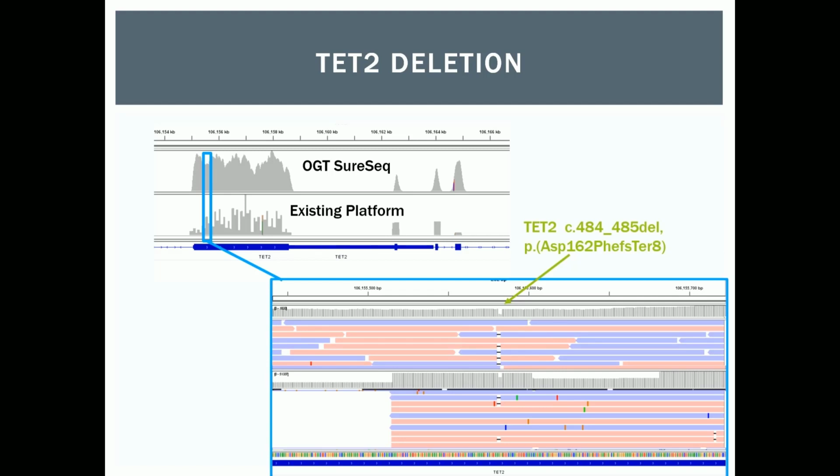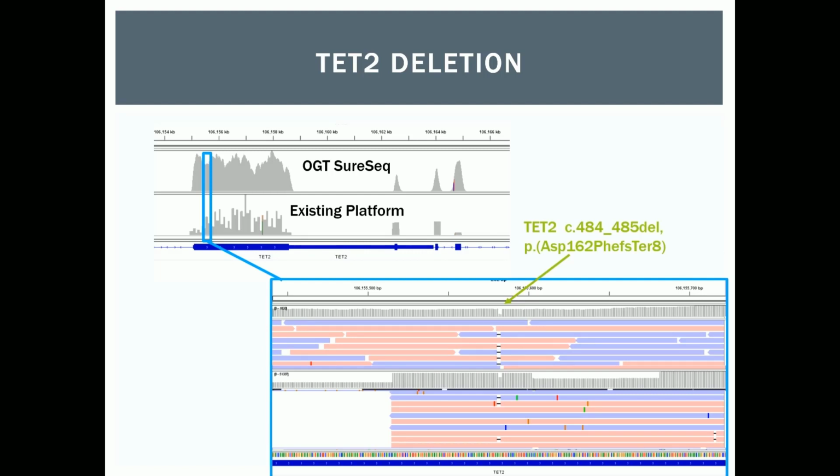This is a relatively large exon in TET2, exon 3, with several overlapping PCR amplicons using the existing protocol, which results in a rather punctate coverage, and you can see that right here. There's strong coverage in regions where amplicons overlap, but lower coverage between these segments. This is in contrast to the SureSeq assay, which results in a more uniform coverage across the entire exon.